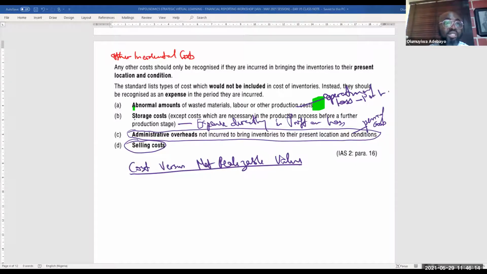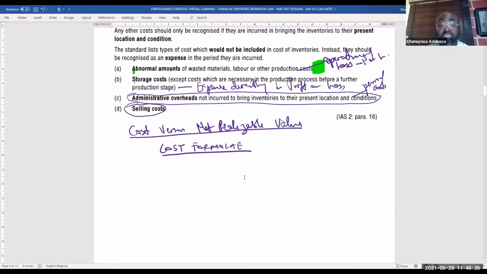what are the cost formulas that we have? We have various cost formulas, but the ones that are recognized or allowed by IAS 2 are three in nature, or I will group it into three.